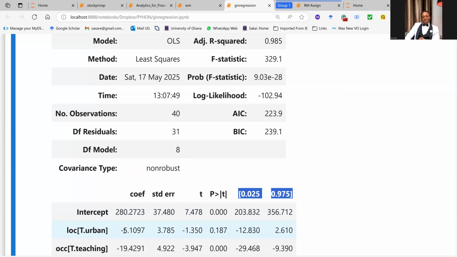So for example, if you take this one here, which is a coefficient for, so this is a clear indication that it's not significant.